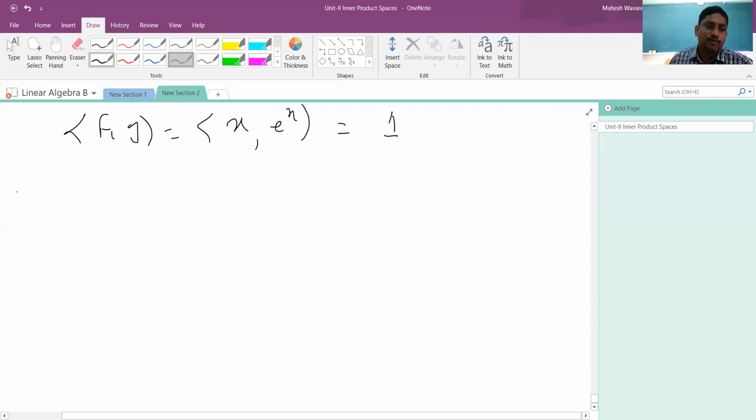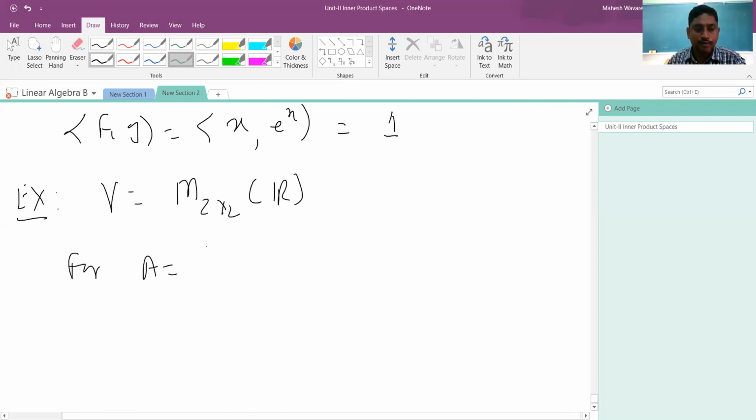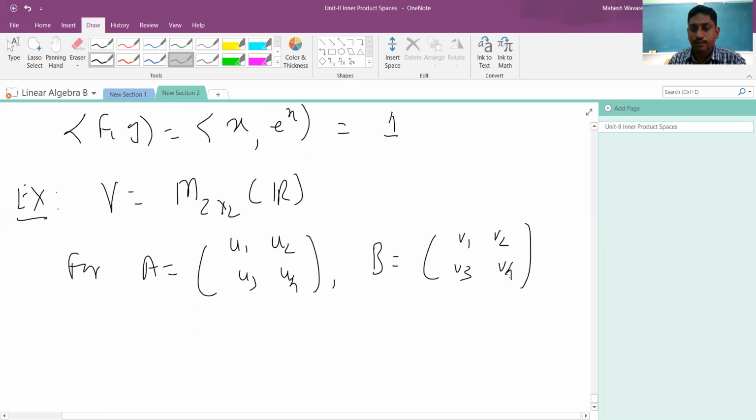Let us have an example from vector space of matrices. Let V be all 2 by 2 matrices of real numbers, and for A equal to U1, U2, U3, U4, and B equal to V1, V2, V3, V4, this also has an inner product defined earlier.